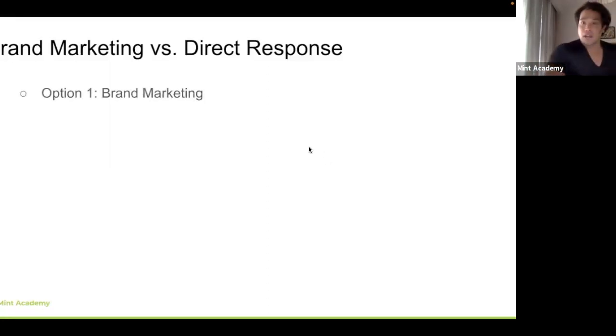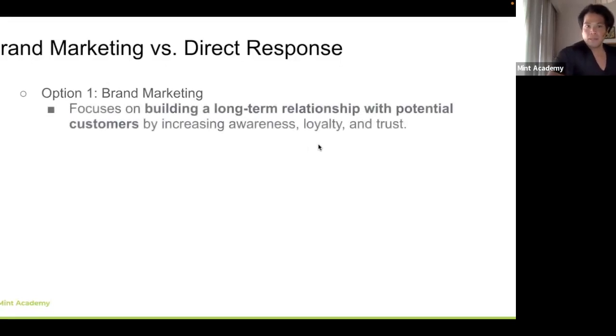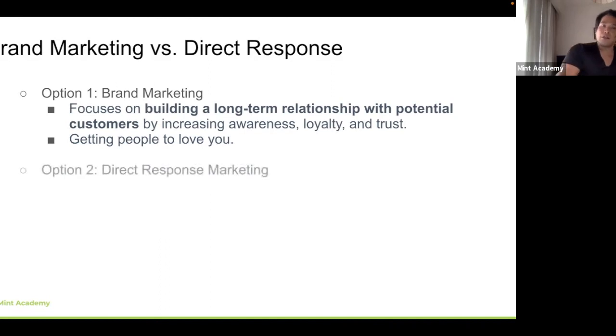So the first option, t-shirt walking around Times Square, that is brand marketing. That focuses on building a long-term relationship with potential customers. So you try to get people to remain loyal to your brand, increase awareness and trust. And basically, brand marketing is a type of marketing to get people to love you. The other option is called direct response marketing.